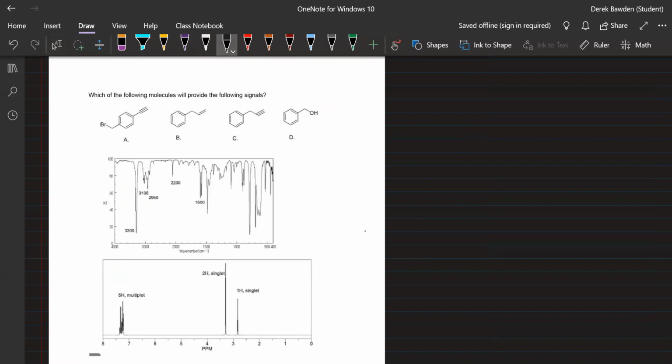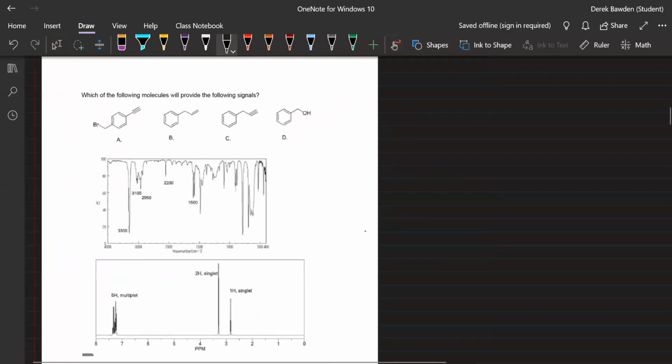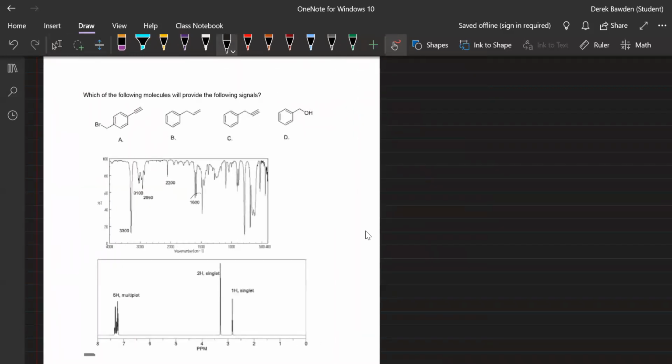So what does this 1600 represent? Anybody know? Perfect, C double bond C. If it was closer to 1700, you could think possibly a C double bond O, but right at 1600, you know that's going to be C double bond C.